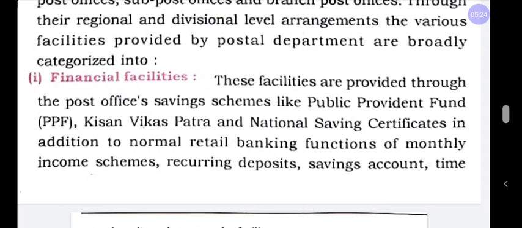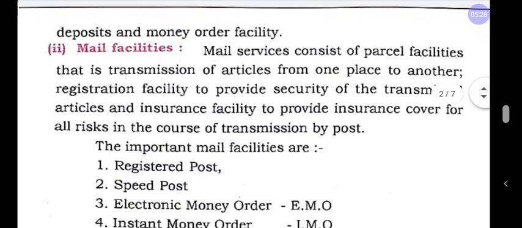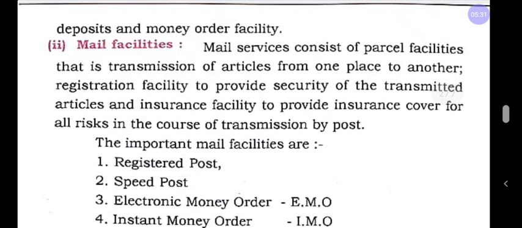Let us move on. Next we have mail facility. Mail means a letter, or sending of post from one place to another place, or you can also understand sending of some material or goods from one place to another place. It is called mail facility.